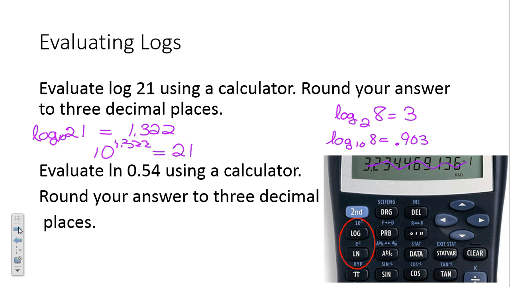10 to the first would get me 10, but 10 to something just a little bit under 1 is going to get me something under 10. 10 to the 0.903 gets me the number 8, because it's not just a nice, neat, round number.